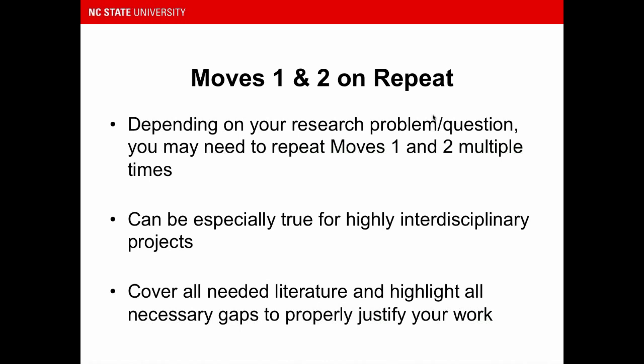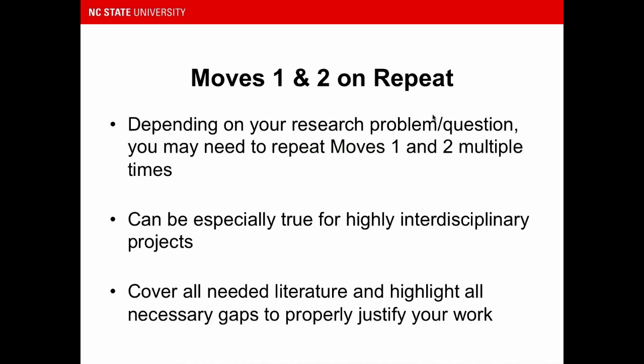The key here is you want to just make sure you're covering all the literature that you need to cover to establish both that you know and understand fully the topic in your area, but that you've highlighted all of the necessary gaps that cover your work, that justify the need for your work.